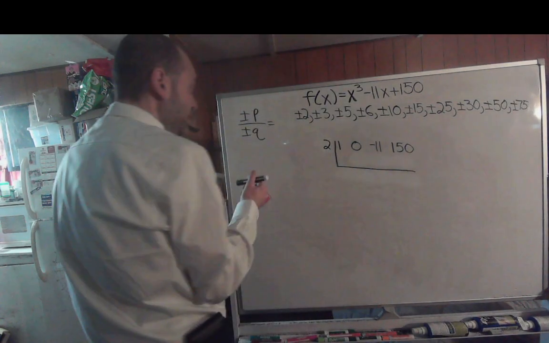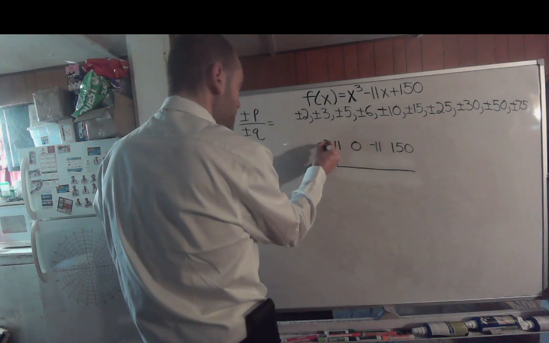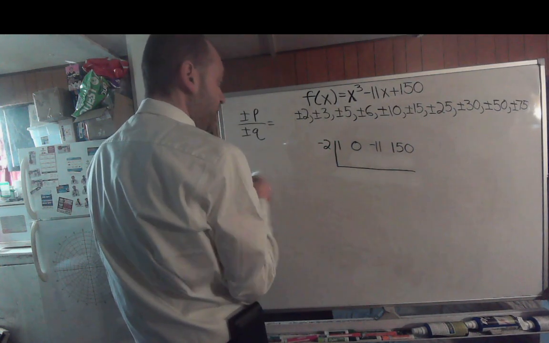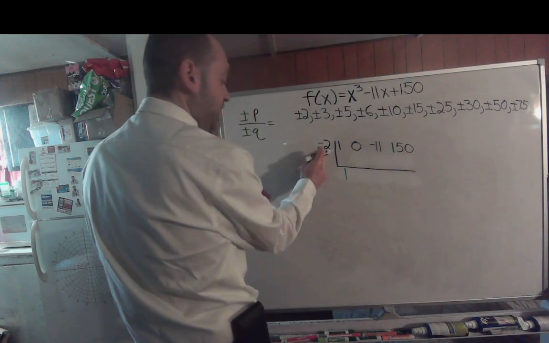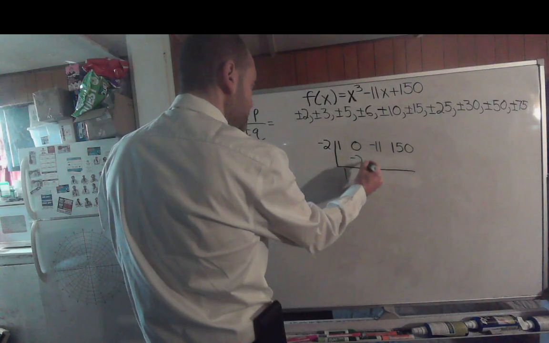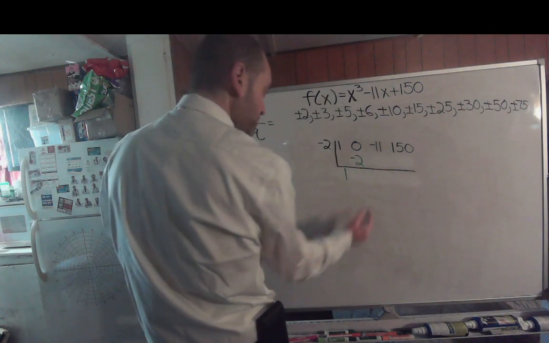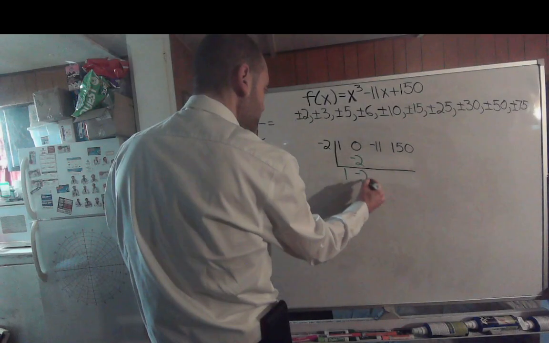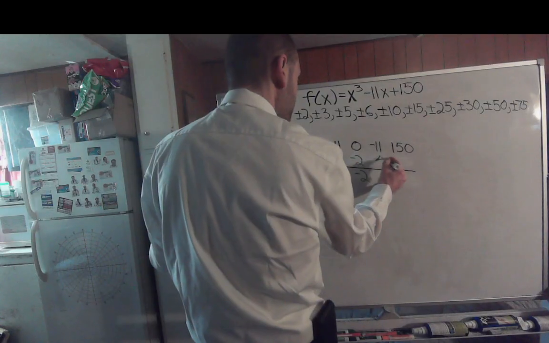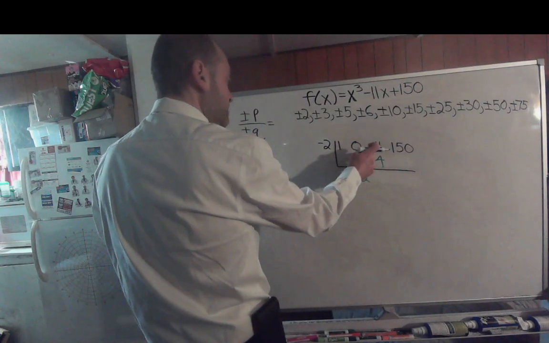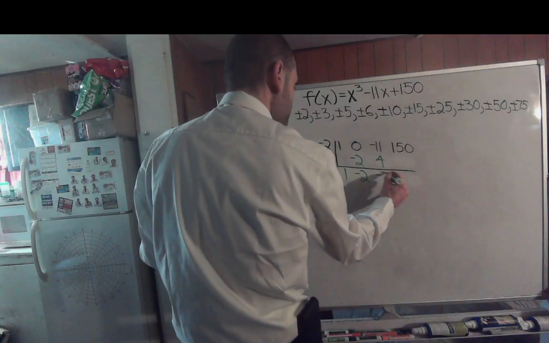Let's try negative 2. So go ahead, bring down your 1. Alright, now negative 2 times 1 is negative 2. 0 minus 2, that is in fact negative 2. Negative 2 times negative 2 is positive 4. Negative 11 plus 4 is negative 7.